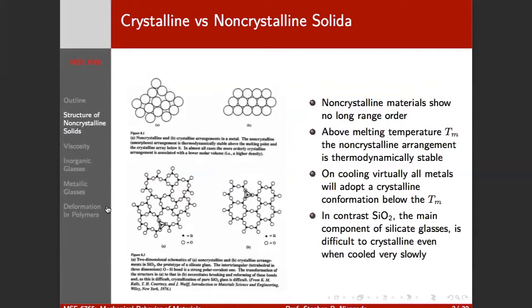Of course, when I say non-crystalline materials, we show no long-range order. One thing that really bugs me about all of these pictures is this is a huge exaggeration. It's a schematic to show that there's no long-range order. But on average, say in a glass, here's a silicate glass.